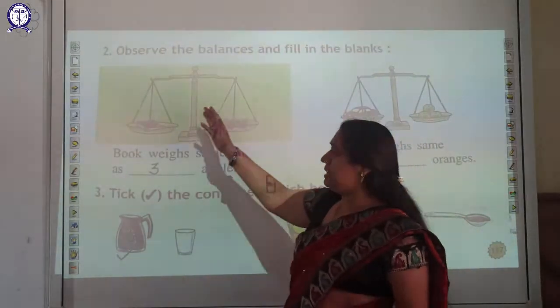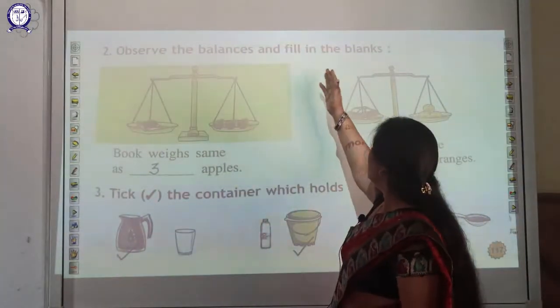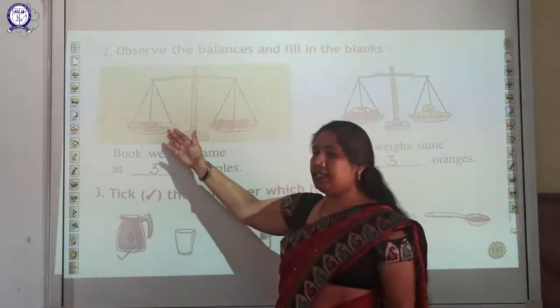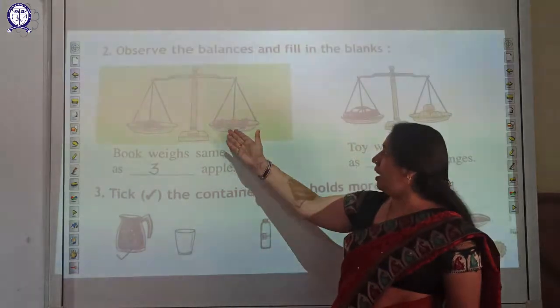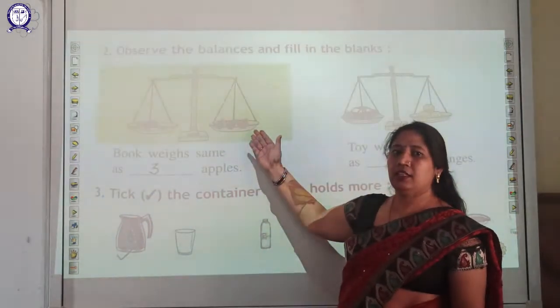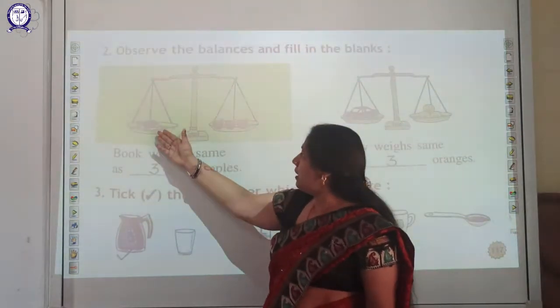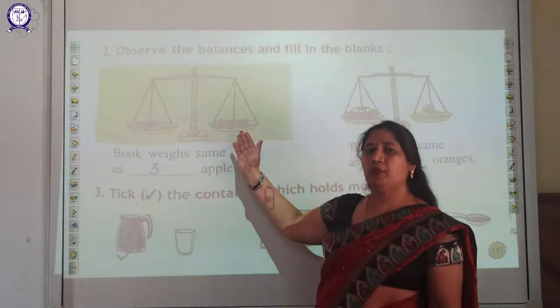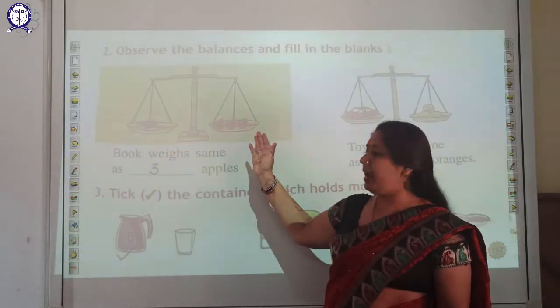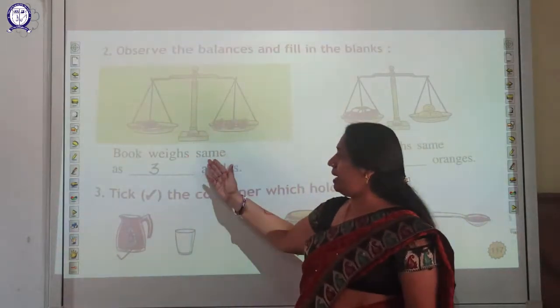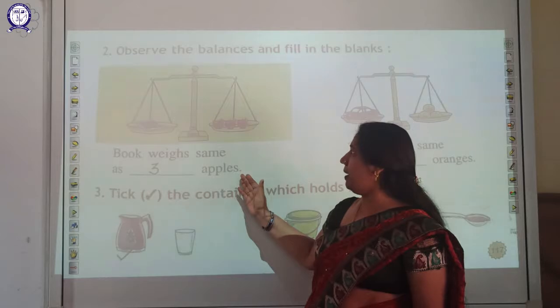Observe the balances. These are balances, and fill in the blanks. Students, you have to look here. There is a book that is equal to 1, 2, 3 apples. So these are in the same position, so these are the same weight. So book weight same as 3 apples.